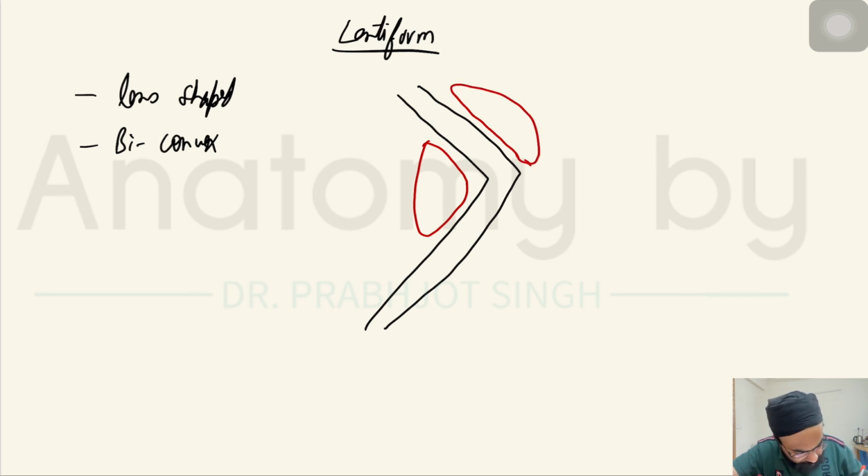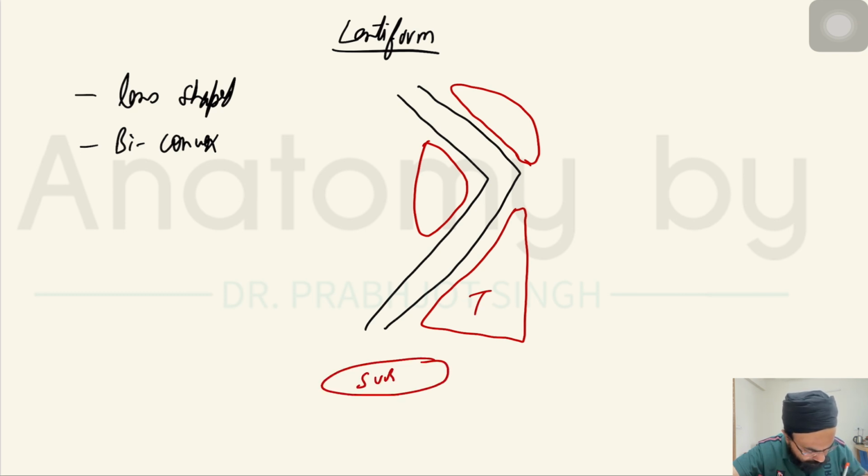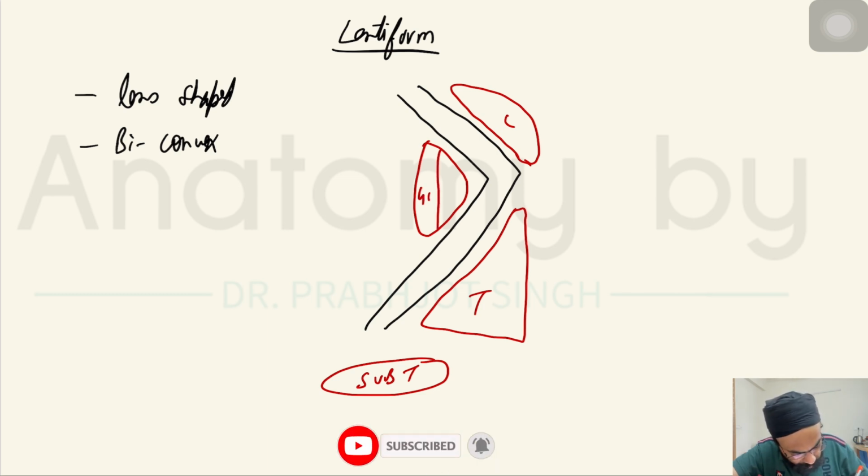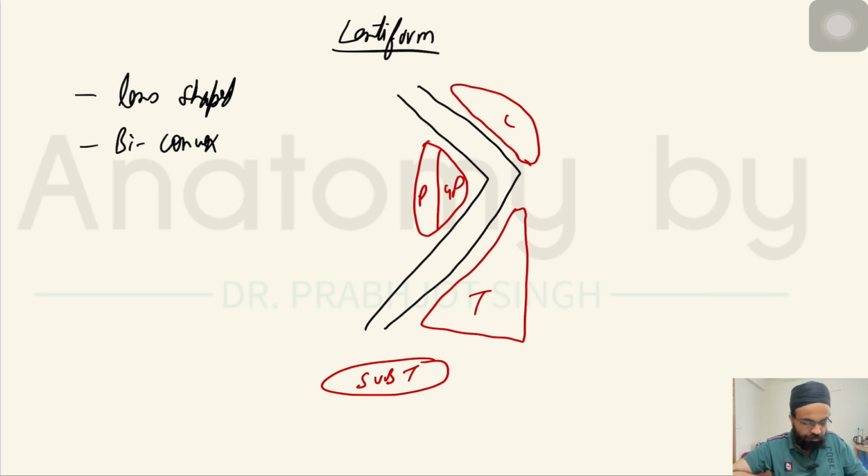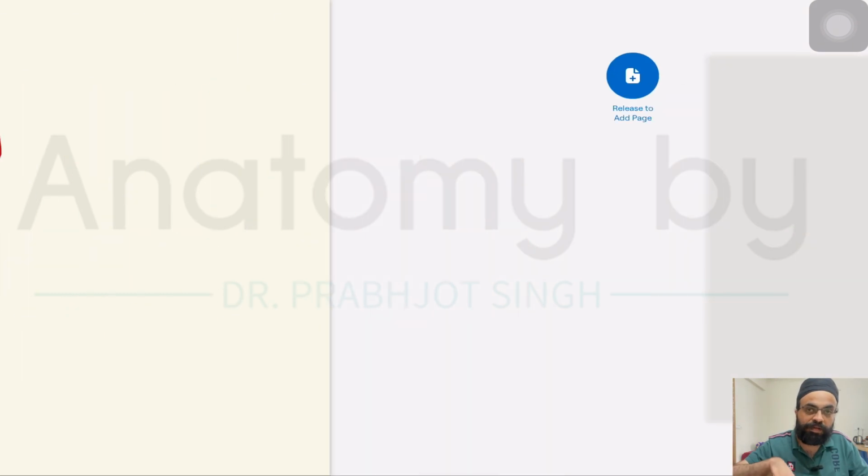This is the caudate, and over here I have the thalamus, and over here I have the subthalamus. Lentiform is divided into two, globus pallidus and putamen. So this is my lentiform. Now let us have a look at the lentiform in detail.